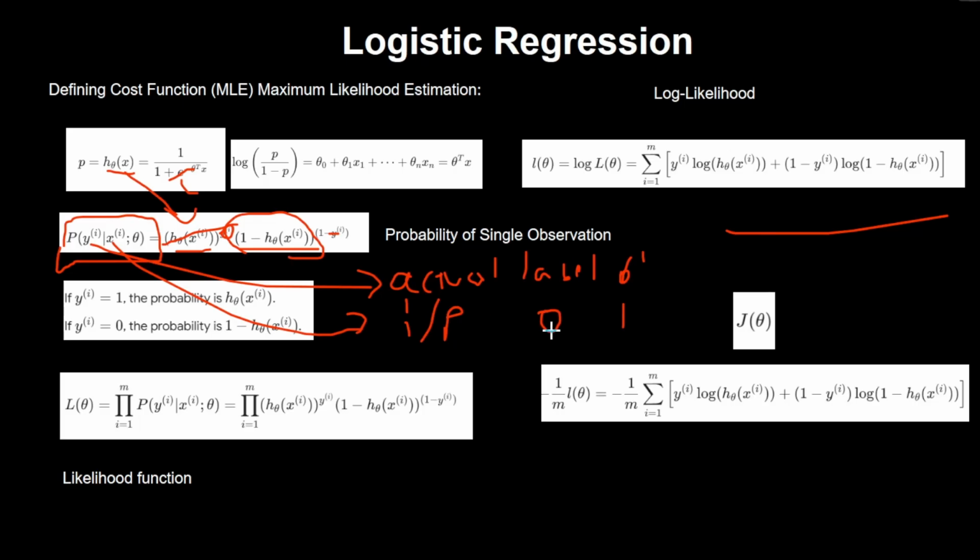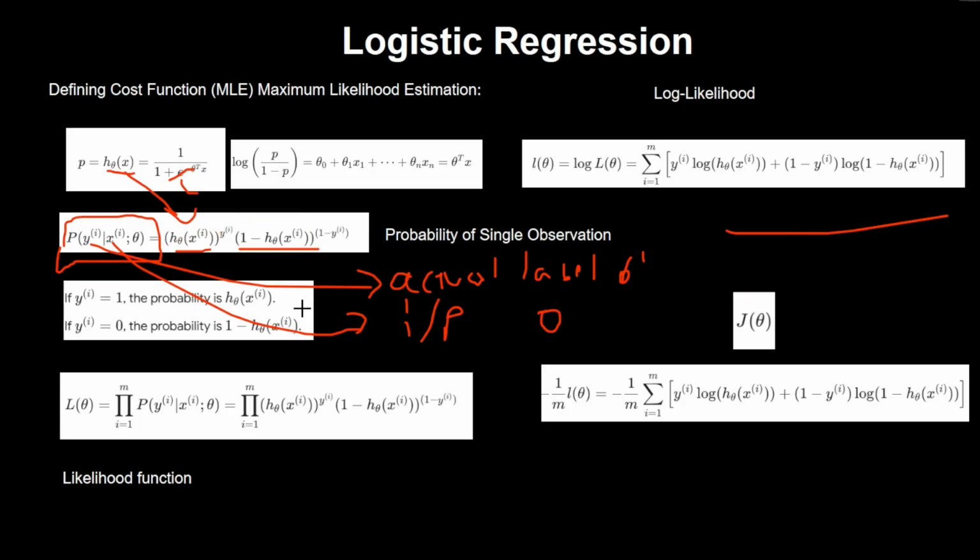Which is when the label is 0. So it is nothing but 1 minus the predicted probability. On the other hand, the probability of becoming 1 is just the probability itself, which is h theta of xi for the ith data. For 0, it's 1 minus this. So that's what is happening here. It's like a Bernoulli distribution. This equation acts like a switch.